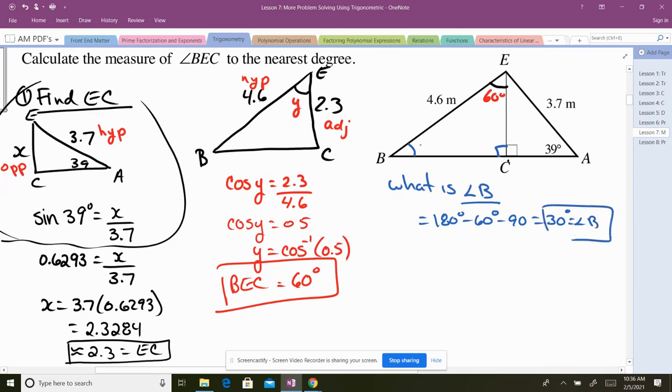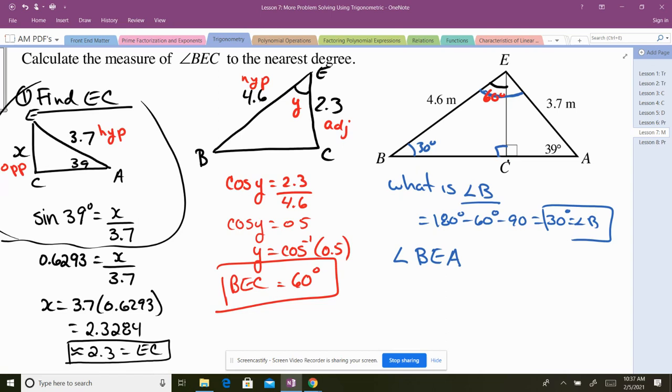Okay, so if this is 30, what is angle BEA? What is this whole angle right here? Not 120, because it's not equal on either side, right?